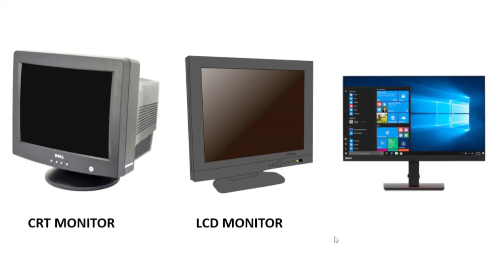Next type of monitor is LED. It stands for light emitting diode. Light emitting diode is an improved version of the LCD monitor. The technology used in both the monitors is the same except for the backlighting.